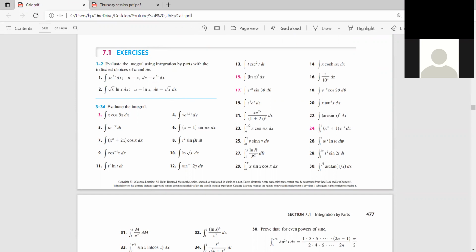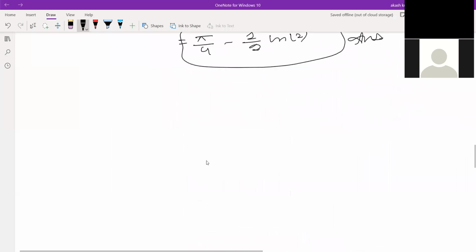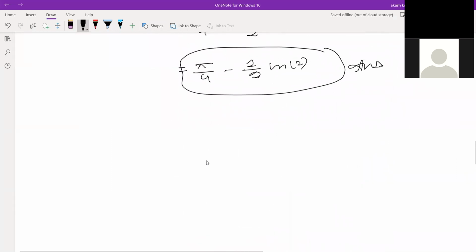So we are going to start with question number 1, which is evaluate the integral using integration by parts with indicated choices of u and dv. In question number 1, we are given what is our u and what is our dv. And the function is x e raised to the power 2x dx.